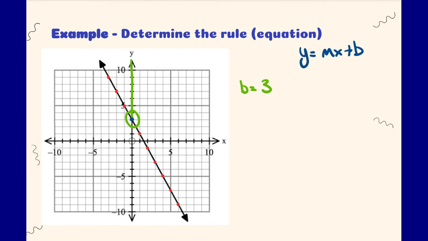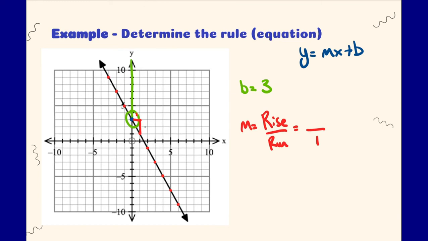So from this blue point to this first red point here, I go over 1. So in my slope formula, rise over run, I just found that my run is going to be 1. My rise, I go down now, 1, 2.